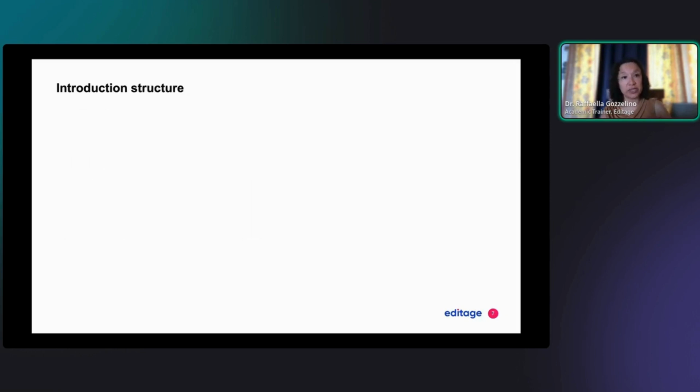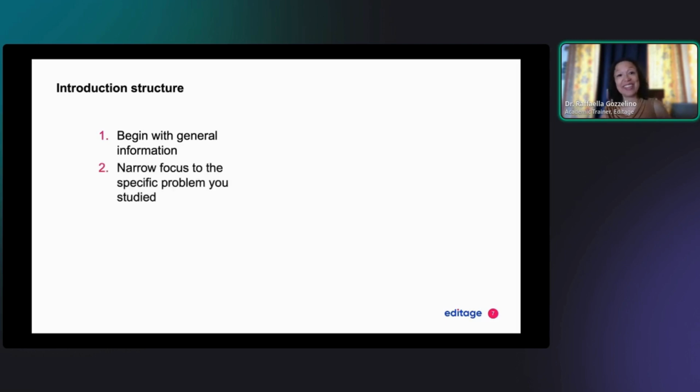The structure of the introduction: you need to begin with general information, because this is how you set the content and the context. You frame it in very general information. But then you narrow the focus to target the attention of the reader on the specific problem that you want to study.